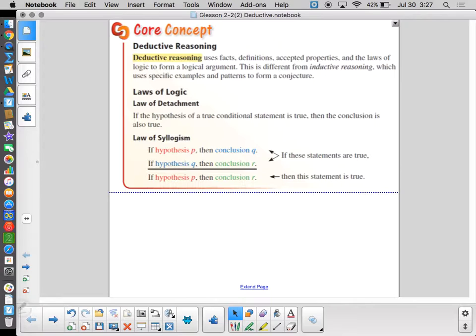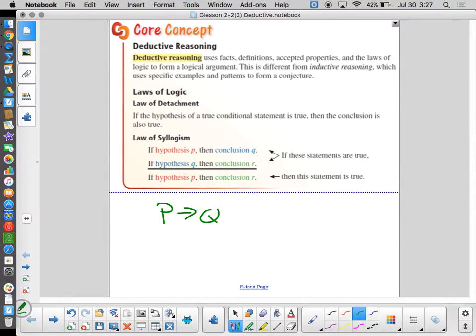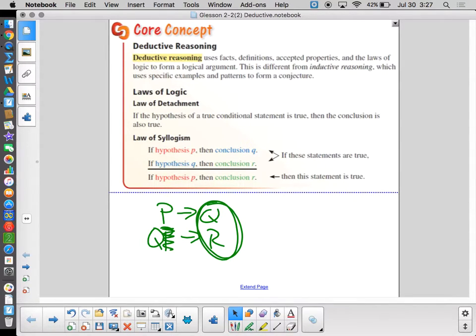If I have something where P goes to Q and P then goes to R, there's no necessary relationship between Q and R. It has to be an actual chain of events, an unbroken chain. This has to be a Q in order for there to be syllogism. So be careful if you get a series of statements to make sure that everything is proceeding in the correct order and that there is an unbroken chain. You have to read carefully.